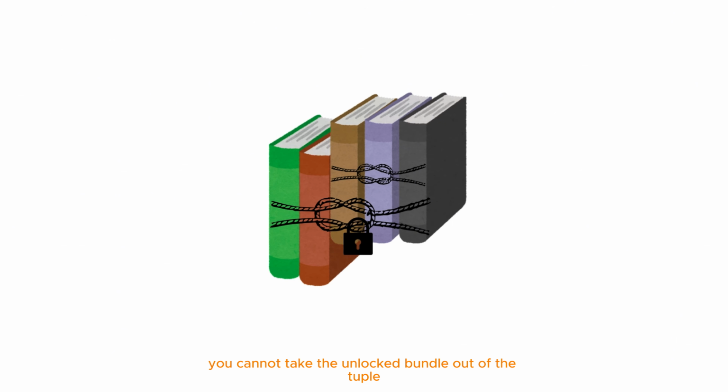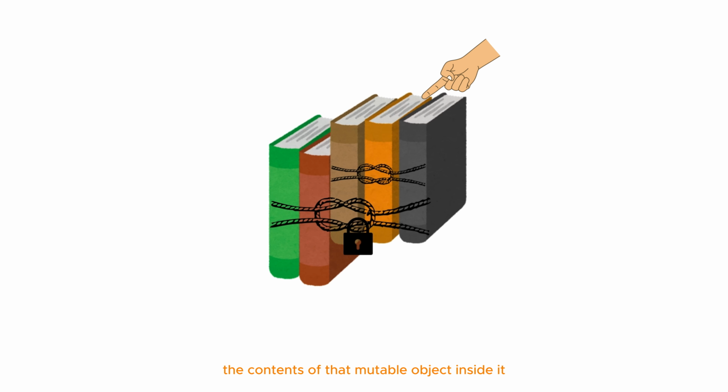You cannot take the unpadlocked bundle out of the tuple because the tuple is immutable. You cannot add a new book next to the unpadlocked bundle because the tuple is immutable. What does this mean? It means that if a tuple contains a mutable object like a list, the tuple itself cannot be changed, but you can change the contents of that mutable object inside it.